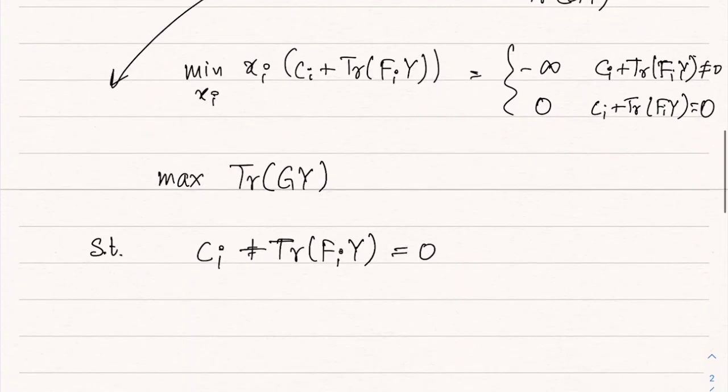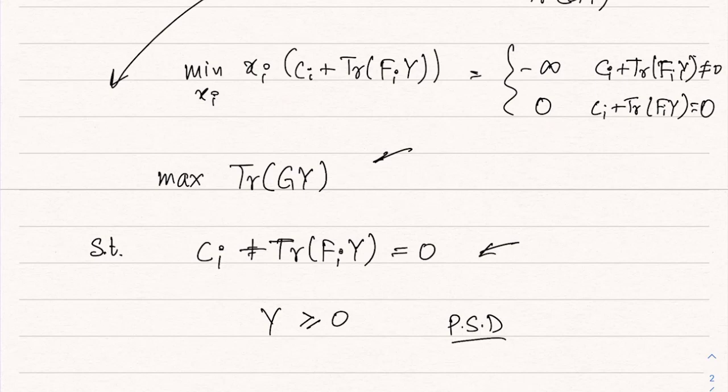So the other constraint that will come out is that Y is positive semi-definite. So this is the dual of the SDP, and observe here that the equality constraint is in terms of entries of Y, and the objective is also in terms of entries of Y, but the PSD constraint is on the matrix Y.